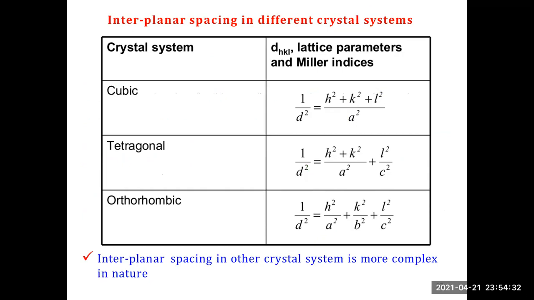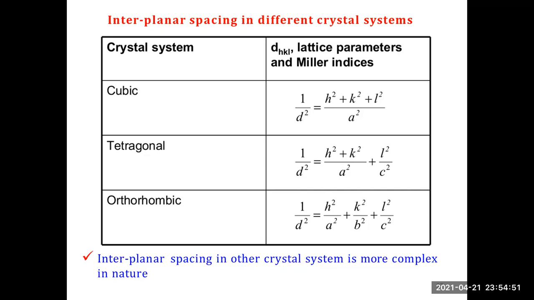In the notes you will have a clear idea how to evaluate the interplanar spacing of cubic, tetragonal or orthorhombic crystal systems. In general, we start with the orthorhombic and then go to the tetragonal and the cubic.